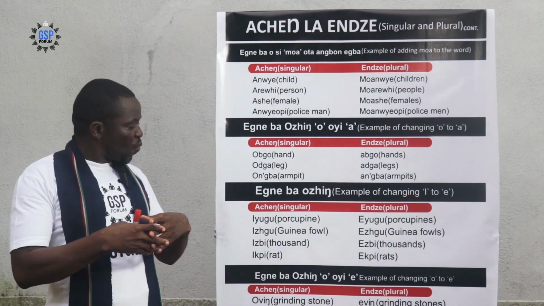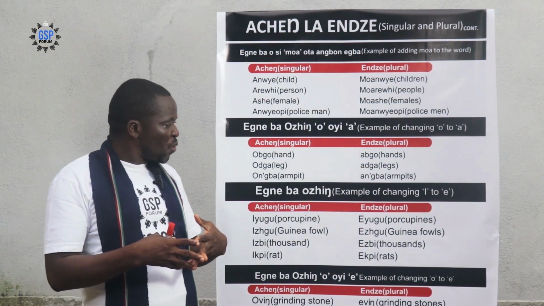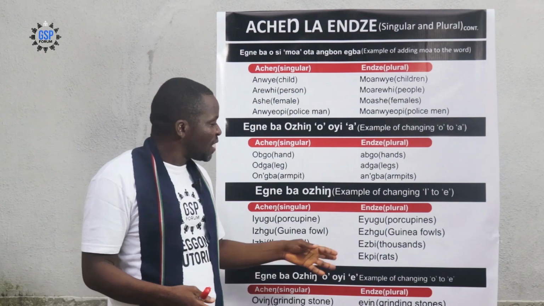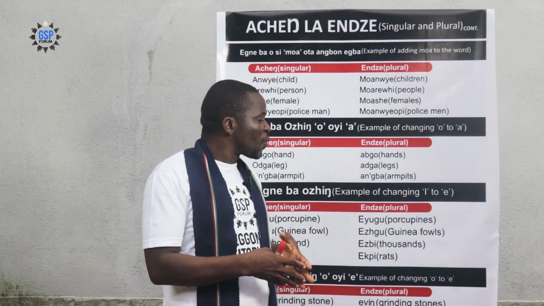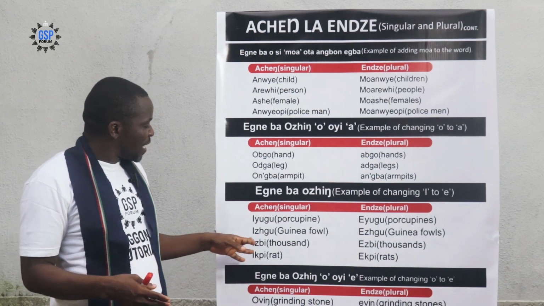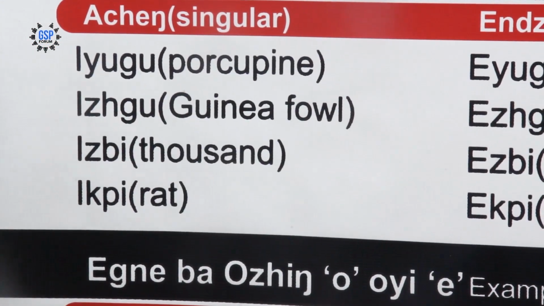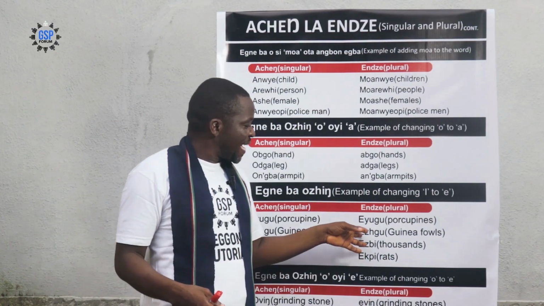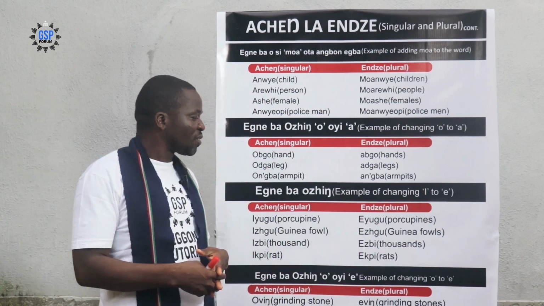When you say Igu, it is one, but when it is more than one, you say Yugu, which is porcupines. Ijgu, which is guinea fowl. When you want to put it in plural in Eggon, we say Ijgu, which is guinea fowls.